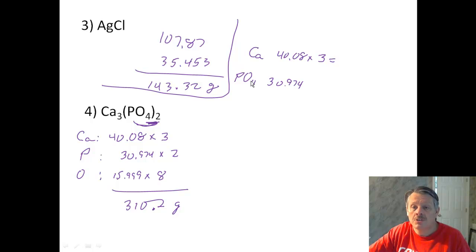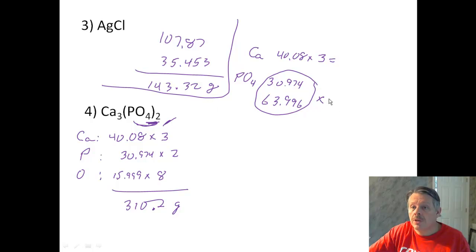Each of the oxygens is 15.999. I've got 4 of them, so that's 63.996. So you have to add them up together. That is phosphate. But now I have 2 phosphates. So I multiply that whole thing by 2 to give me a number. When I add them all up, I will again get 310.2 grams.